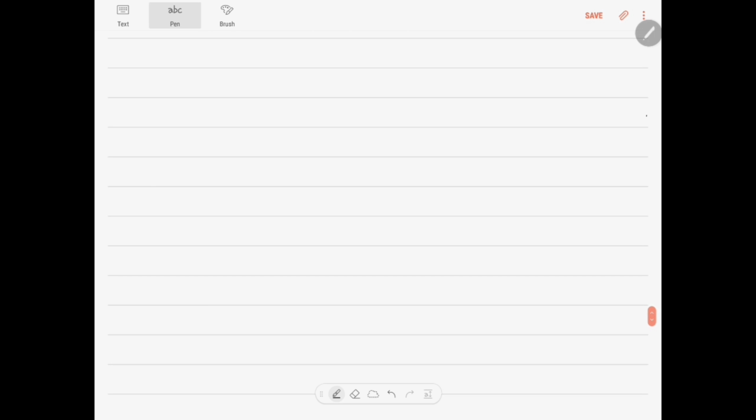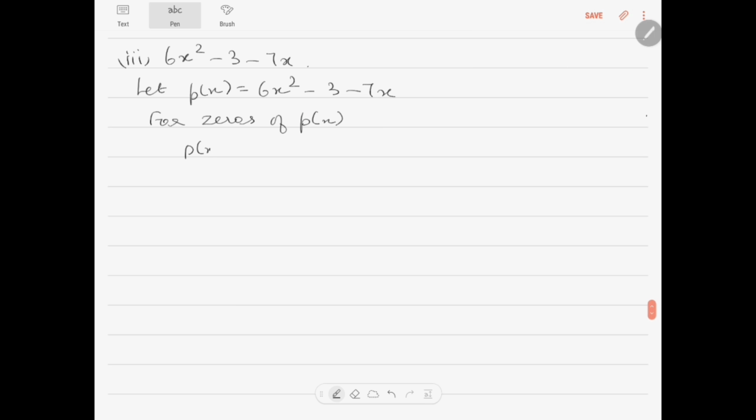Now next problem 3. 6x square minus 3 minus 7x. Let p of x be equal to 6x square minus 3 minus 7x. For zeros, p of x will be equal to 0. So 6x square minus 7x minus 3 is equal to 0.